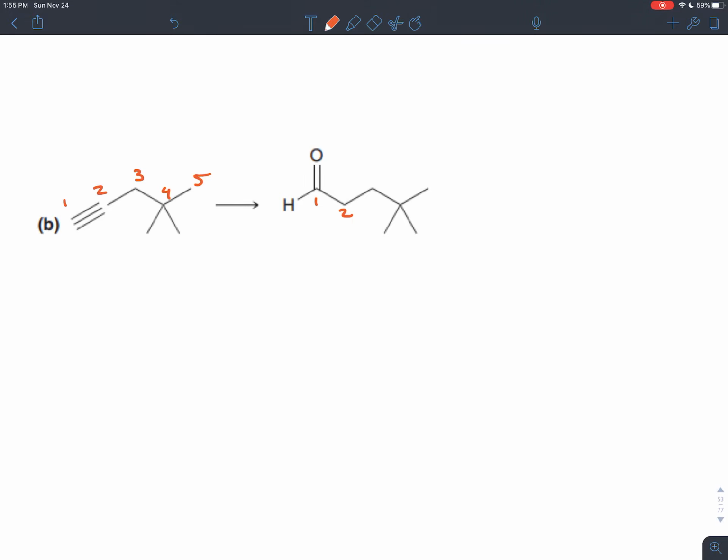So in both of these you have a 5-carbon chain with 2 methyl groups on carbon number 4. If you do ozonolysis, you cut the triple bond, and so you would saw a carbon off of the molecule. But since we have the same number of carbons, the only other way to add an oxygen onto an alkyne is to do hydroboration oxidation or acid-catalyzed hydration.